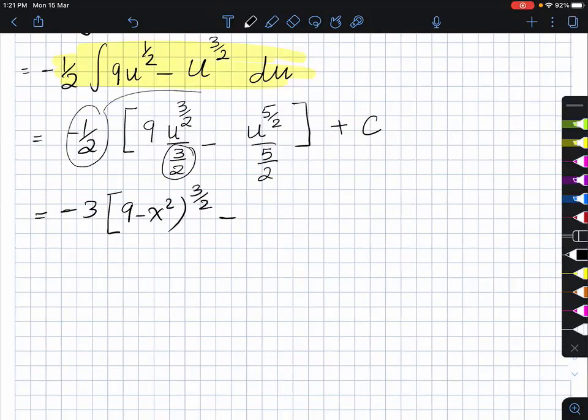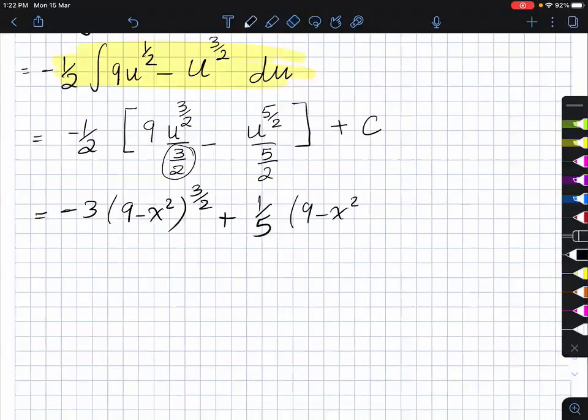And don't forget to multiply the negative half by the second term as well: 2 over 10, or 1 over 5, multiplied by negative half, and 9 minus x squared.